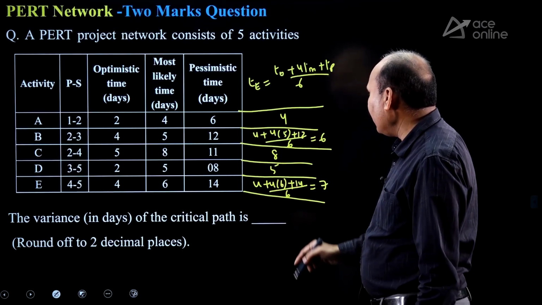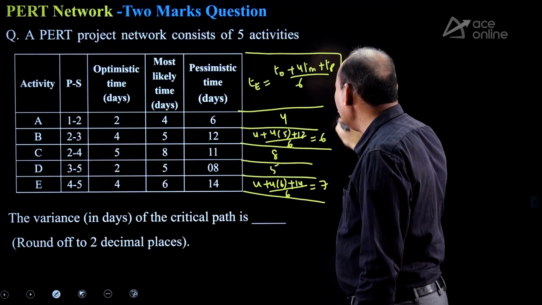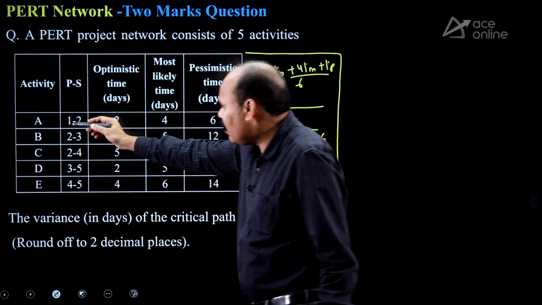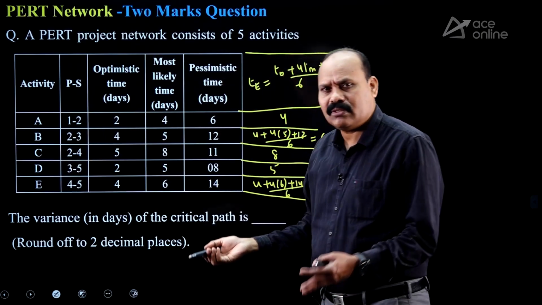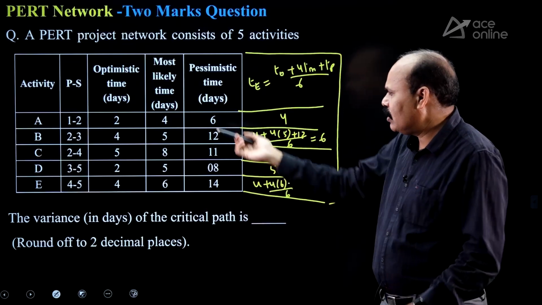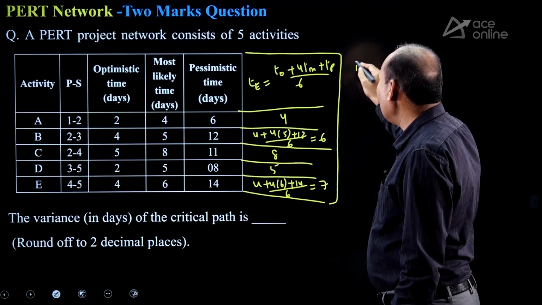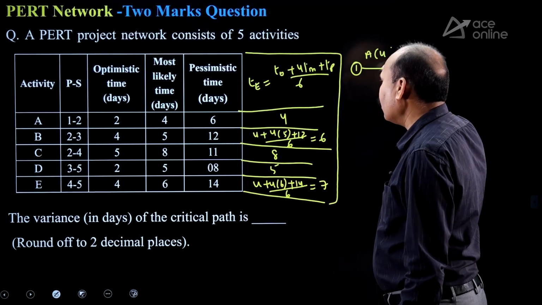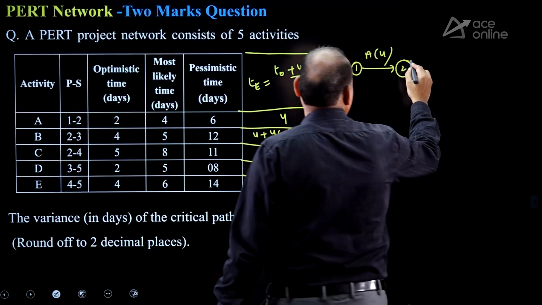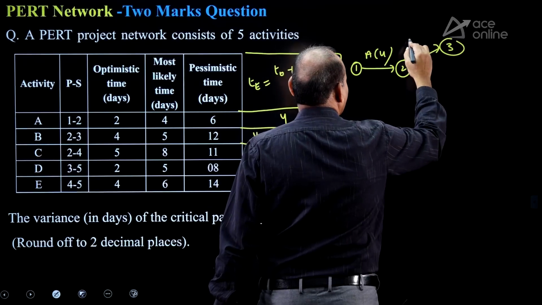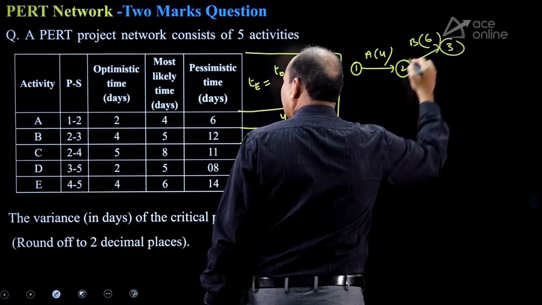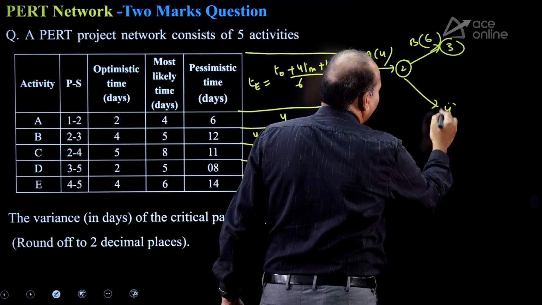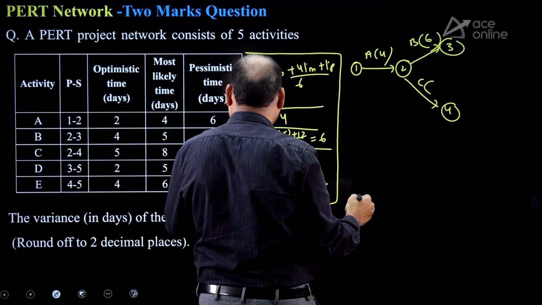After having the TE values, draw the network. It is given clearly: A 1-2, B 2-3. We will get the diagram by default. It is a very simple thing. A is 1-2, duration 4. B is 2-3, duration 6. C is 2-4, duration 8.